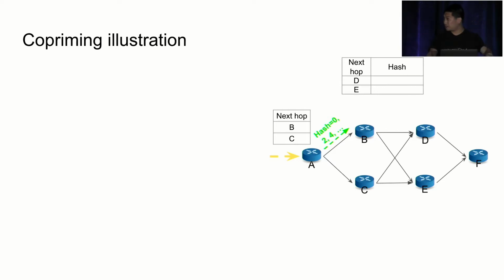Just to show a very simple illustration, same example again. Packets arrive at switch A, which has two next hops to forward to. All the packets that have hash value 0, 2, 4, all the even numbers, will get forwarded to B. And if you don't do anything at B, what happens is they're all going to hit D, and none is going to hit E. But remember the coprime theorem.